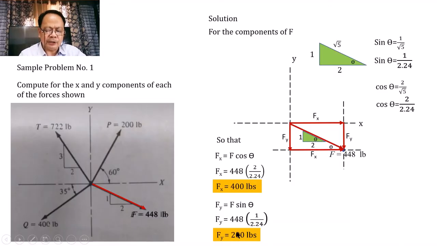That now shows how we can compute for the components of the force when the direction of the force is given in terms of the slope. It would be good to consider finding or expressing the functions of theta in terms of the magnitude of the slope, and from there we substitute the value in the formula. So let us now go to the second problem.